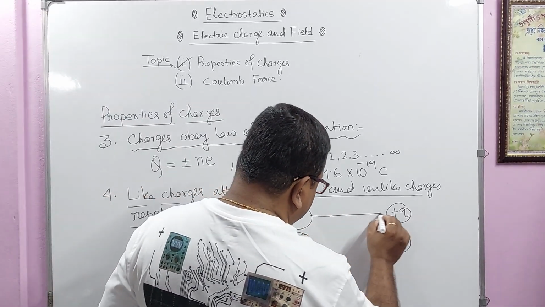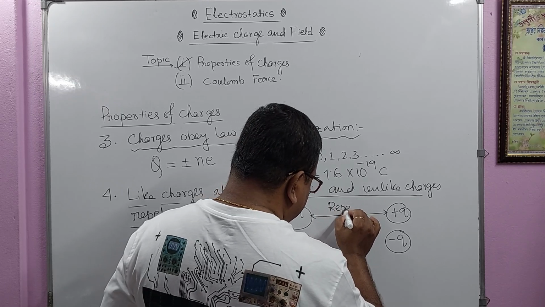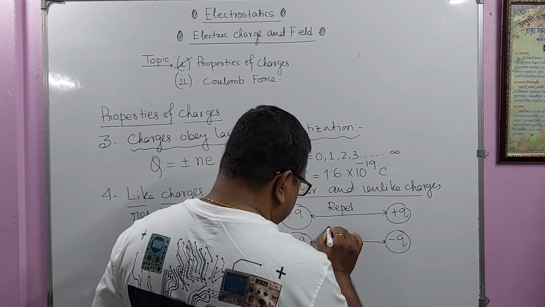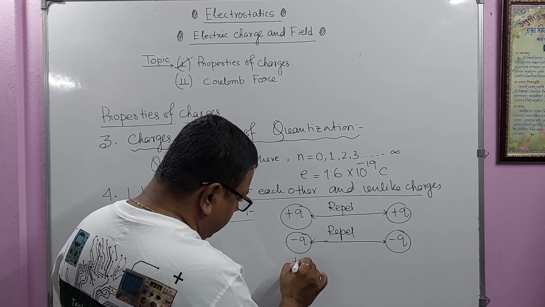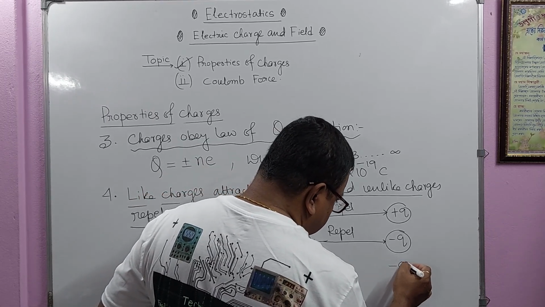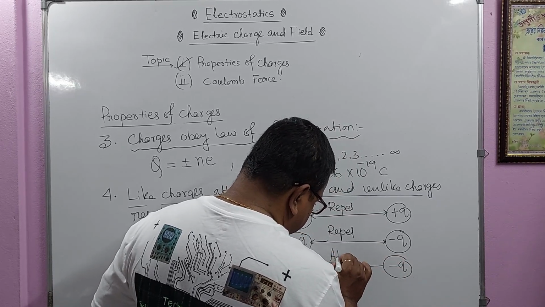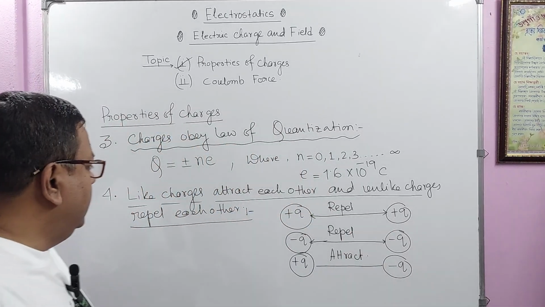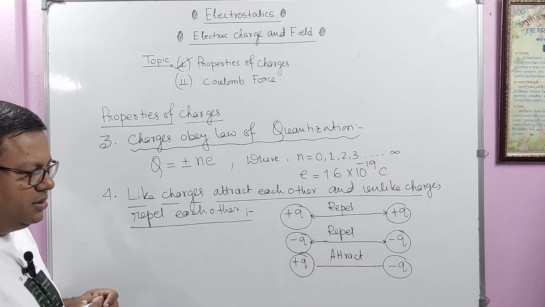So here they will repel, and the negative ones will also repel because they are like charges. Now if we consider one positive charge and another negative charge, then they will attract. So these are the four properties of electric charge.